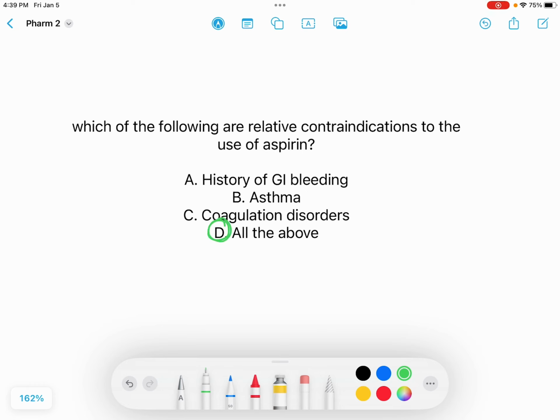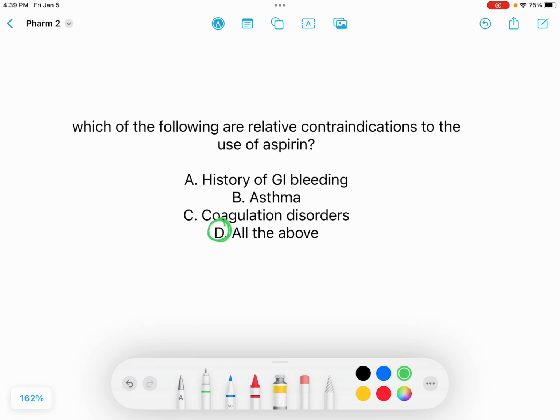Now, with asthma, there is something called Samter's triad. This is not a high-yield topic, but I just want to explain it just so you're aware that it's a thing. With asthma, about 15-20% of asthmatic patients, I think, can have reactions to aspirin.